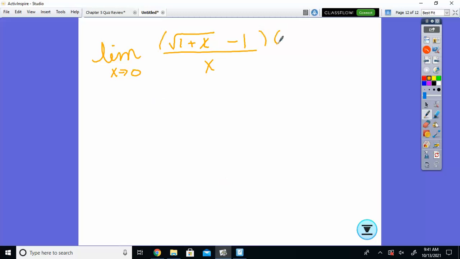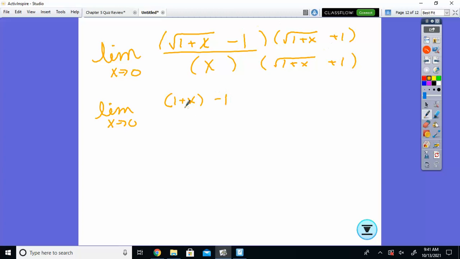Conjugate. So when you multiply those, the radicals cancel. -1 times 1 is -1 over x times all of this.